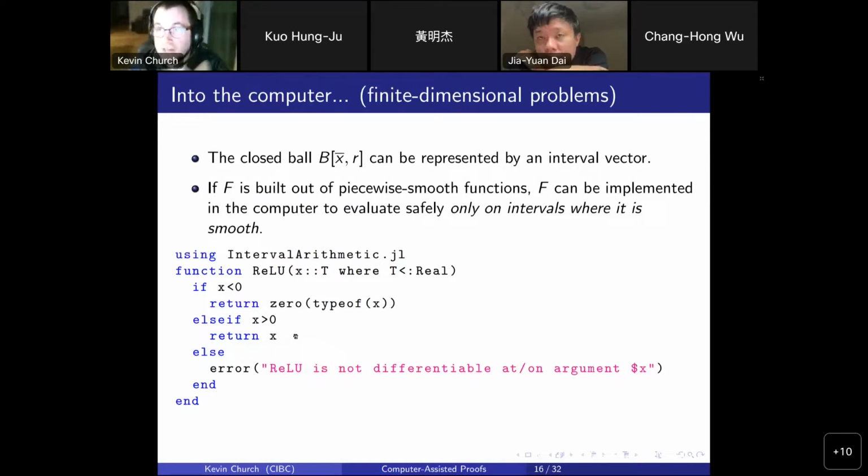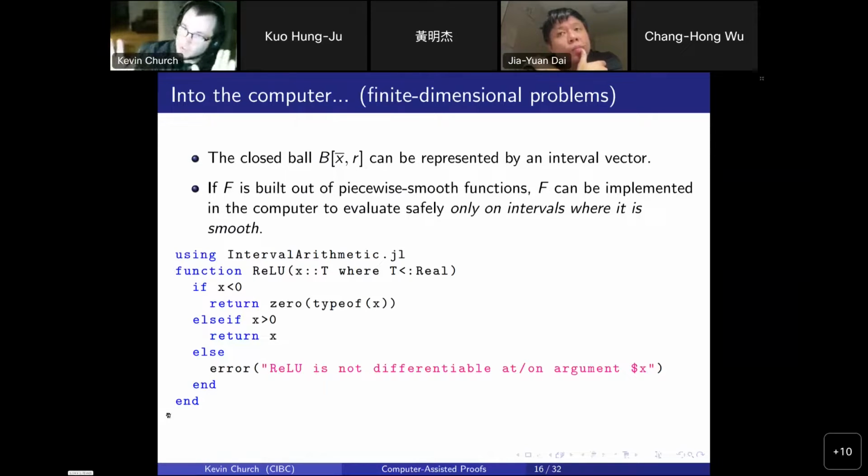So what I can do is implement that function in my programming language. In this case, this is some Julia code that implements this. I can implement it in such a way that it will fail if ever I give it an argument that contains a point where that function is non-differentiable. And in this case, an argument can include interval structures.